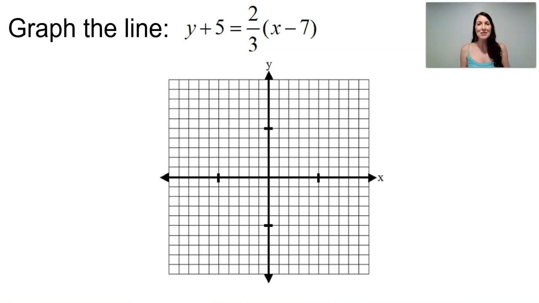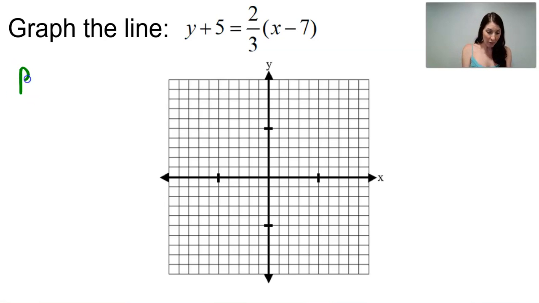Well, if you did that on this example, you would have y equals 2/3 x minus 29/3. That's a crazy equation, and plotting a y-intercept of -29/3 is not so fun. I tell them don't go through all that extra work, just graph it from point-slope form.